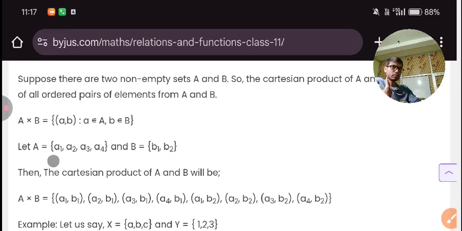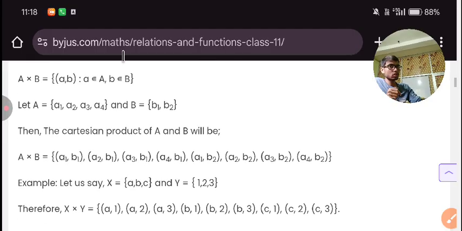Let A have, in the first set, this many elements: A1, A2, A3, and in the other we have two elements. So this is not a Cartesian product.